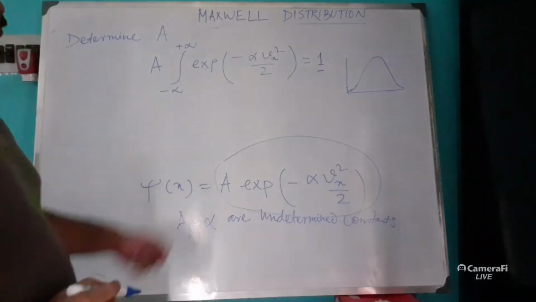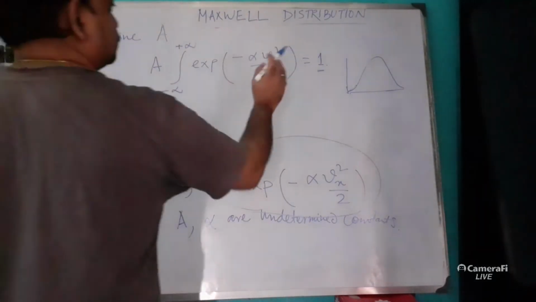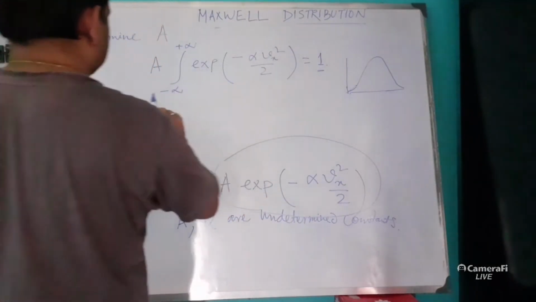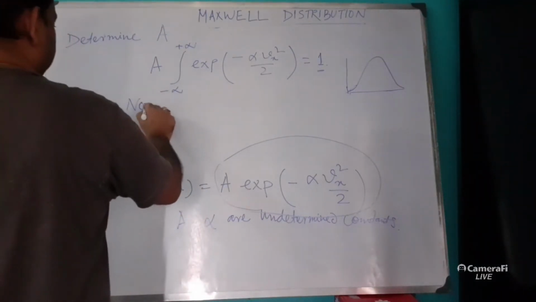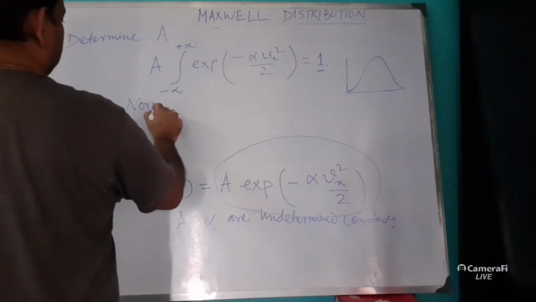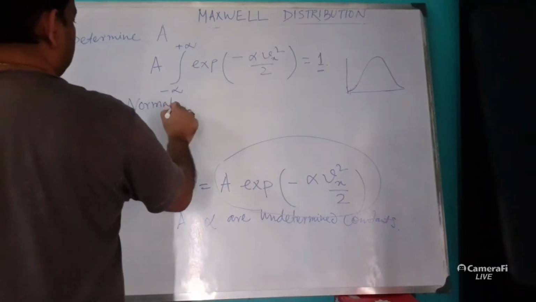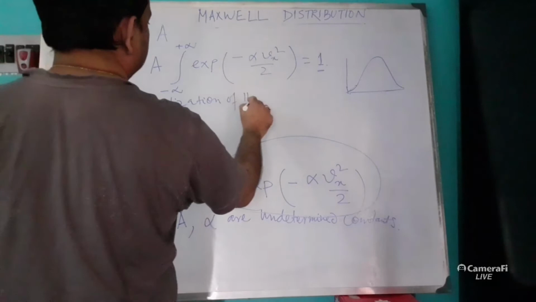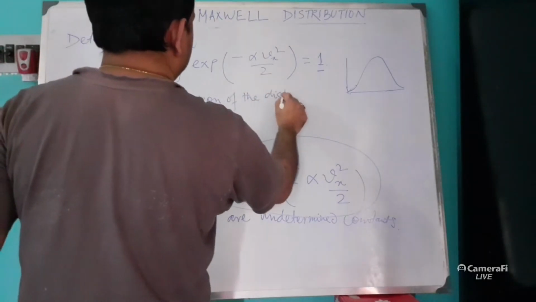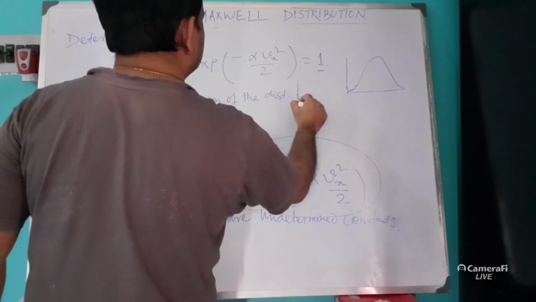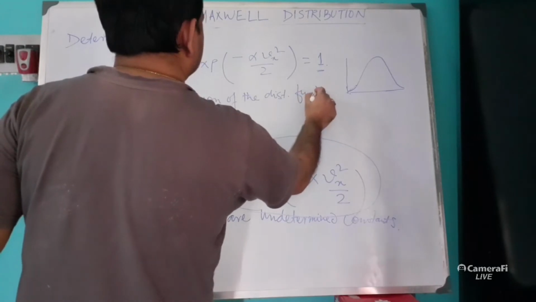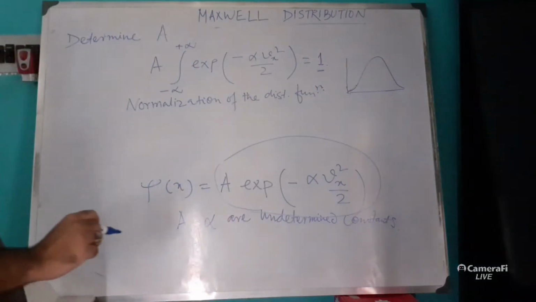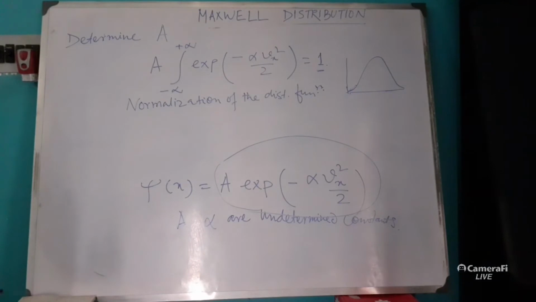So we have to do this particular integration. This is called normalization of the distribution function. From the normalization of the distribution function, we know that this is equal to 1.